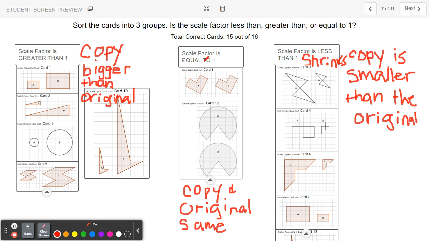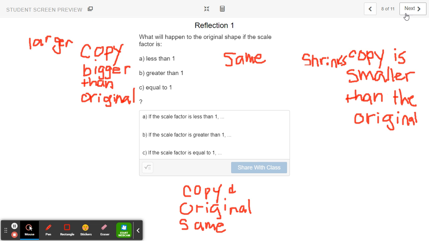Okay. If the scale factor is 1, it stays the same size, right? And then if the scale factor is greater than 1, the original gets larger. Okay. And that's going to be true for any scale factor that's greater than 1, the same as 1, or less than 1. So let's see what we've got going on.